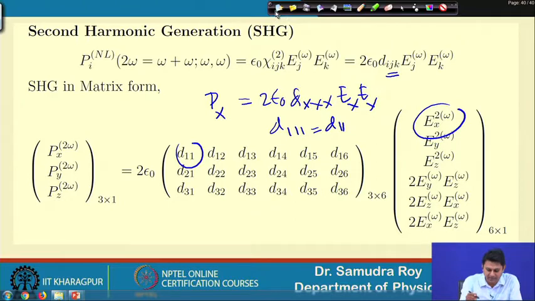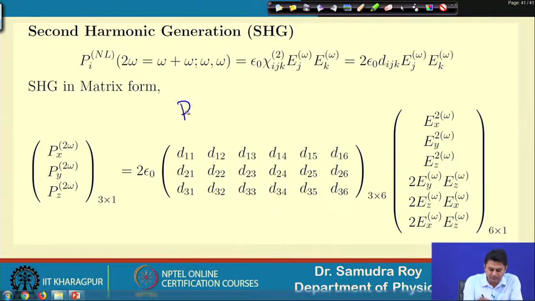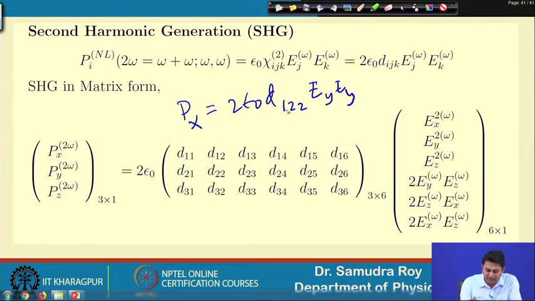What about the second term? The second term again, on the left hand side Px, we have 2 epsilon 0 d, second term should be d12. Here 2 means yy, so it should be dyy. So, we will have d12 Ey square. This is d12 Ey square, the second term.